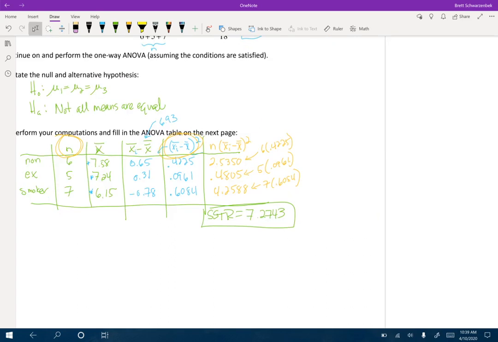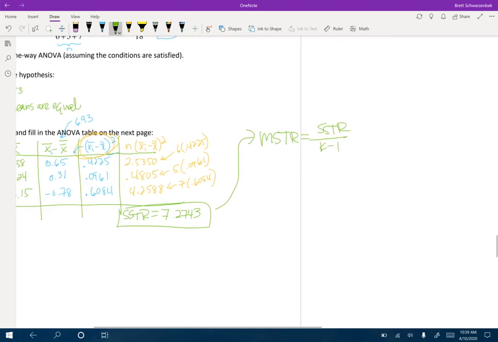Okay, so if you recall, the whole point of SSTR is to find MSTR. Well, MSTR is equal to SSTR divided by k minus 1. So SSTR is 7.2743, rounded to 4 decimal places to make sure that we have as little error as possible.